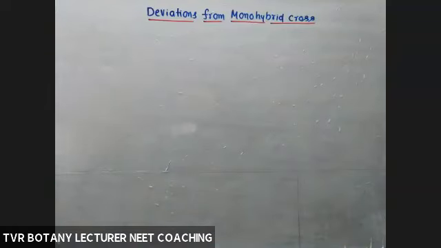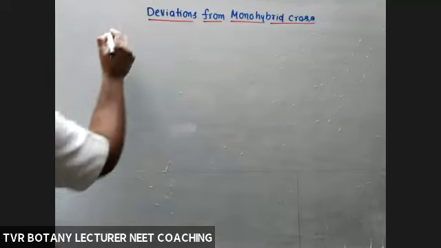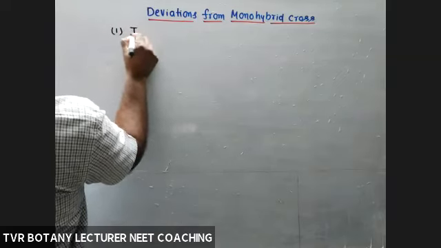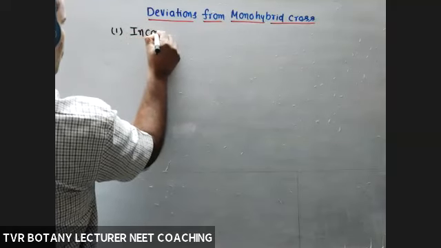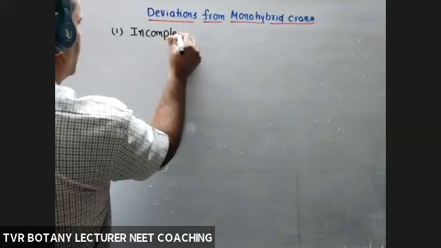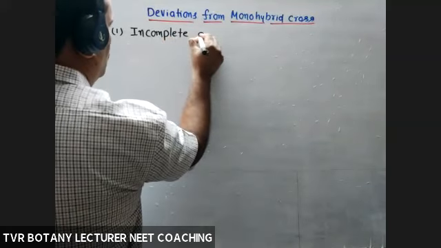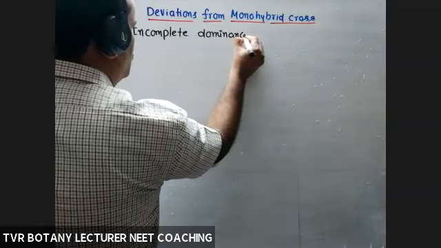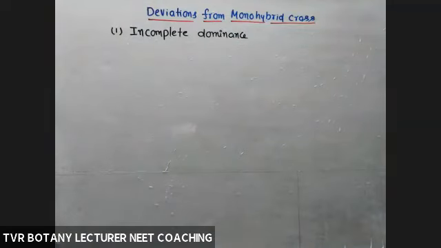Initially I will give you the types of deviations against the monohybrid cross proposed by Mendel. First deviation is incomplete dominance.